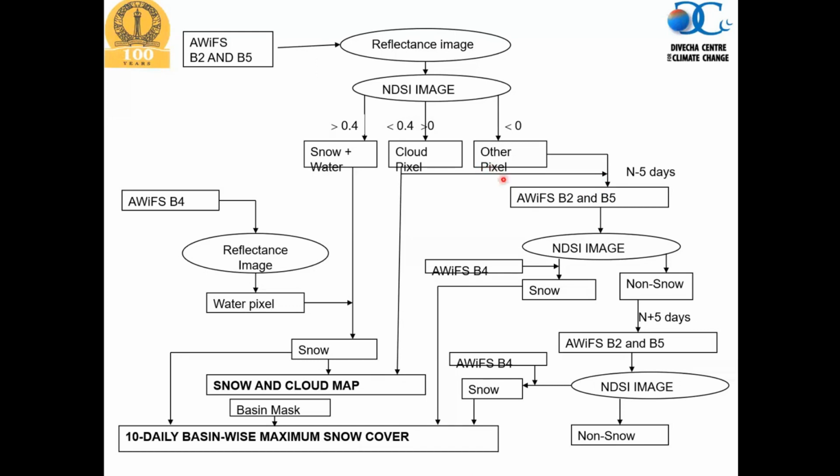So you do one thing: you take the previous imagery, which is 5 days before the one you have acquired now. Here also you develop the NDSI image. The idea is that whatever pixel is identified as a non-snow pixel will go through the satellite images again, from 5 days earlier than today.